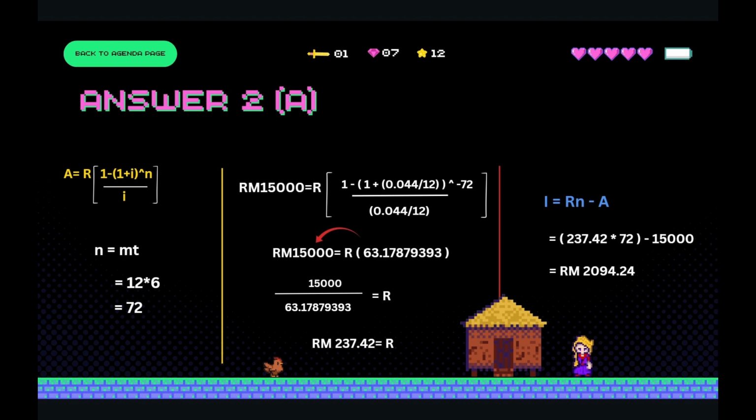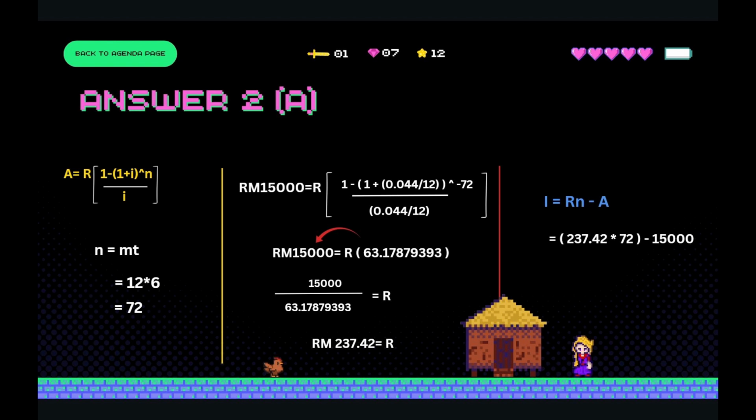But here's the catch, we are not done yet. At this point we have already solved the monthly payment, but now we are going to find the interest charged on the loan that he took.